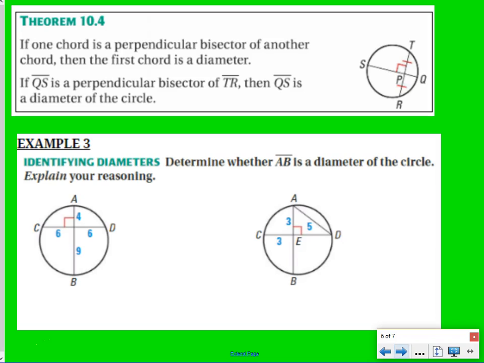Next example, Theorem 10.4. If one chord is a perpendicular bisector, let's break that down. That is all the way back into chapter 1. Perpendicular means they form a 90-degree angle. Bisector cuts in half.